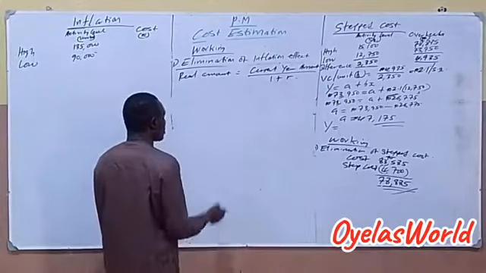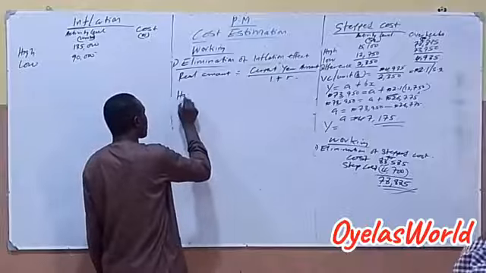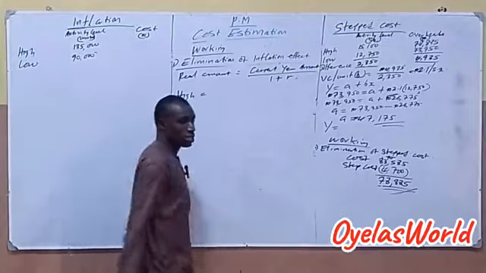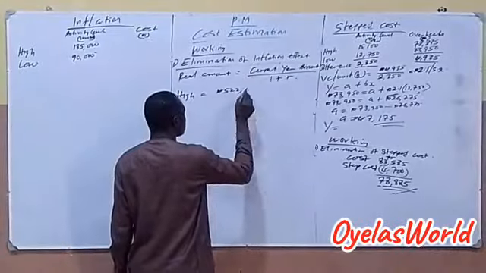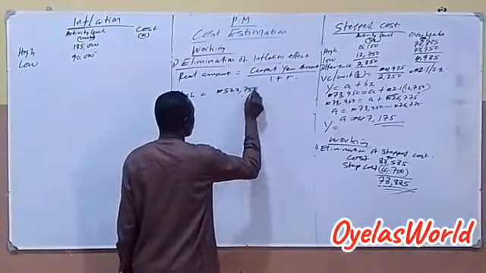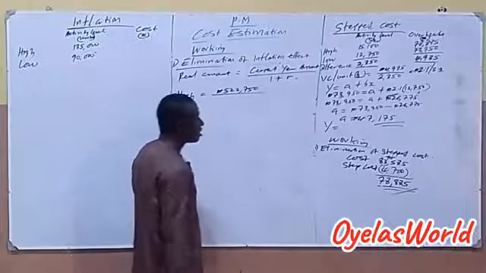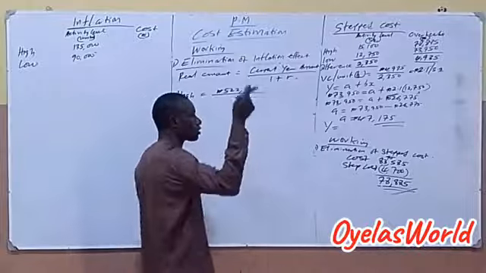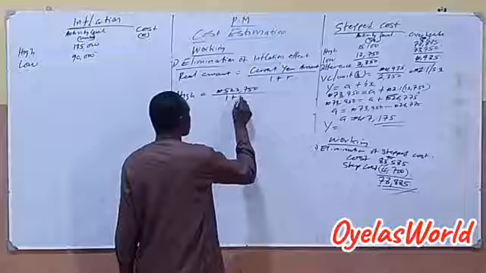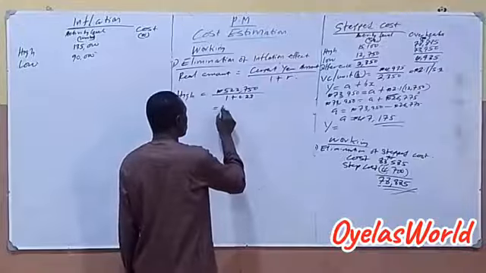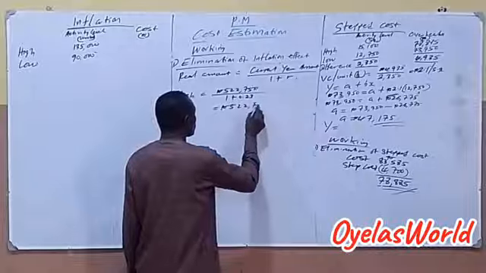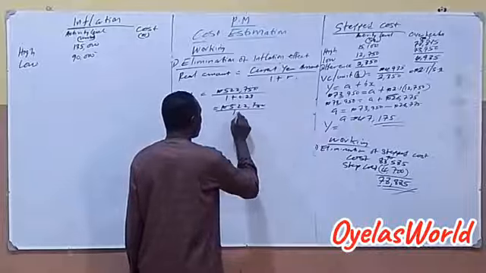Look at it. For high, the cost is 522,750 naira divided by 1 plus 0.23, which is 522,750 divided by 1.23.